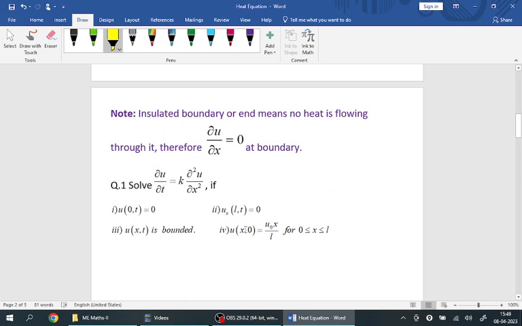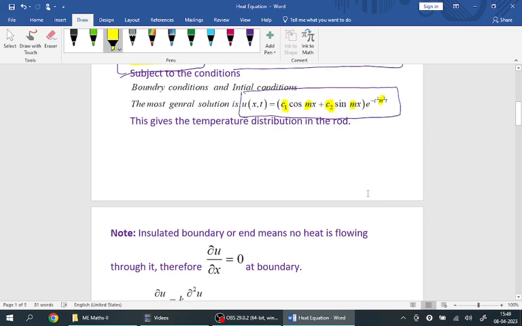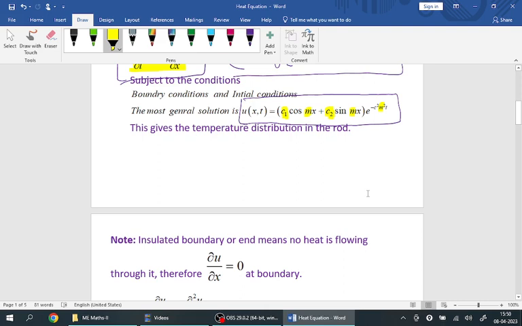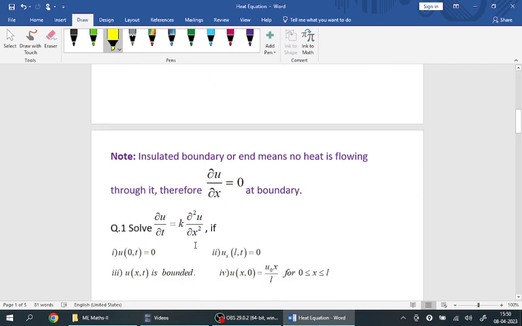Now you will observe, in the original equation we have c square, and because of c square we have here e raised to minus c square m square t. In the original equation, if there is c square dou 2u by dou x square, whatever the coefficient of dou 2u by dou x square is, that c square appears here. So in the solution we have to change that accordingly. Here the coefficient of dou 2u by dou x square is k.